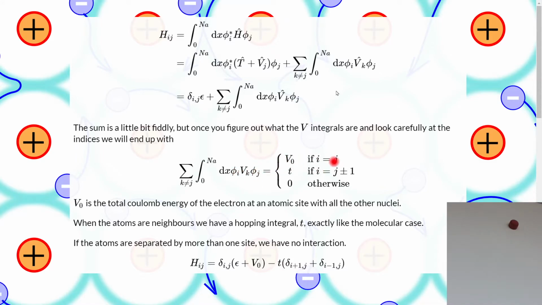So if I and J are the same, my things on either side are the same, that means I'm talking about the basis functions on the same atom.